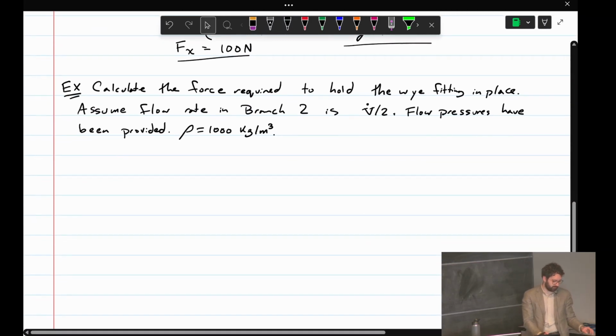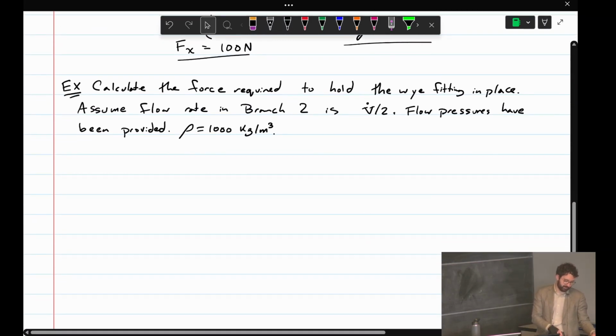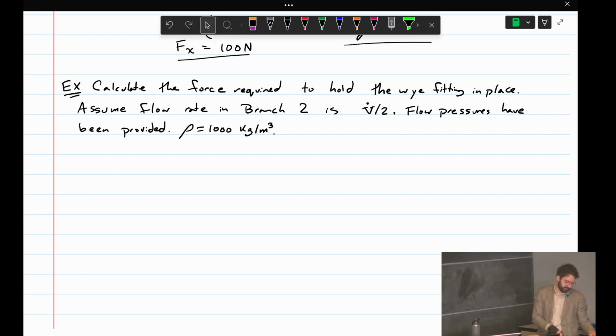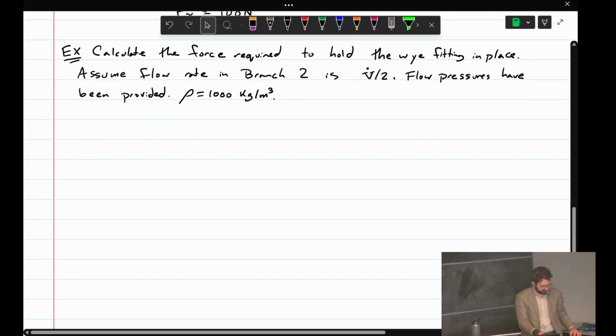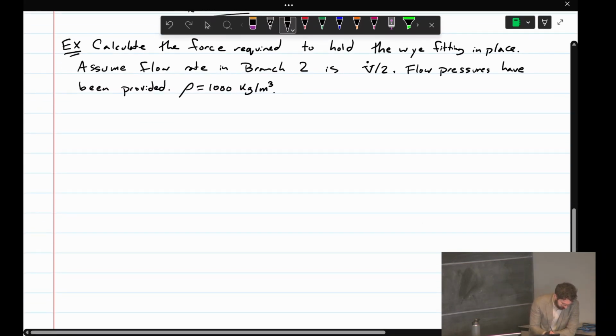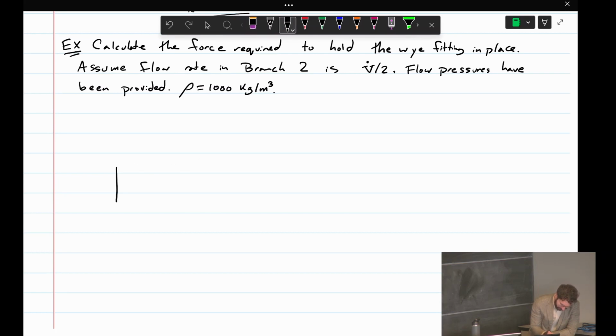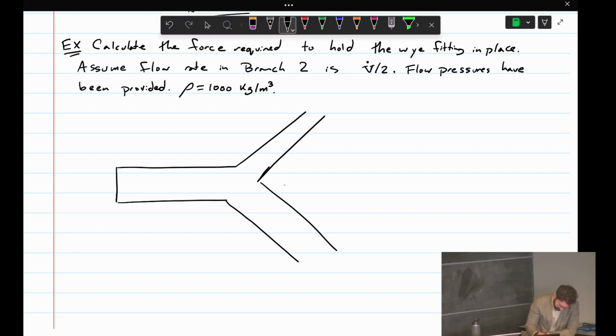So I think this example will take us a decent amount of time, but I would say it's the most complicated version of one of these conservation of momentum problems you can get. In this problem we have a Y fitting, and it's called a Y fitting because it looks like a Y. So here's our fitting.